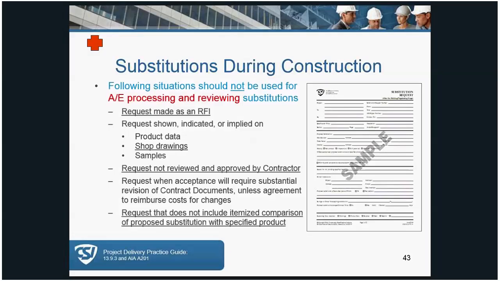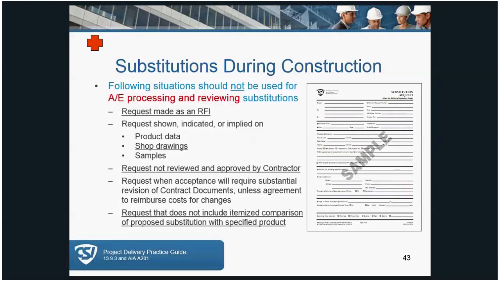Okay. The following situations should not be used for AE processing or reviewing of substitutions. If it comes through as an RFI, you should just tell them to submit it as a substitution request. Again, the request should not be part of a shop drawing. It needs to be a separate and standalone document.